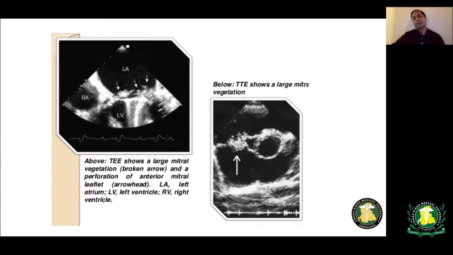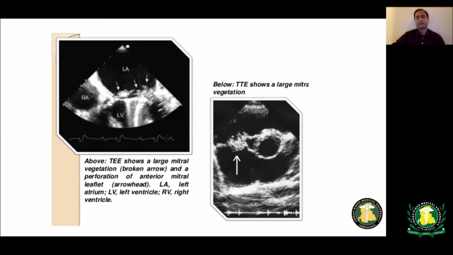So if you see a mass in the mitral valve facing the left ventricle, those masses are oftentimes due to non-infective vegetation or due to a tumor called papillary fibroelastoma. If you see a mass in the mitral valve facing the left atrium, this is most likely infective vegetation.